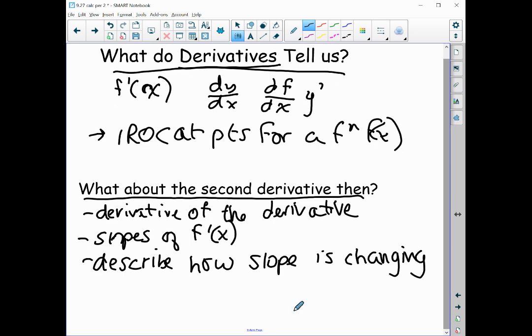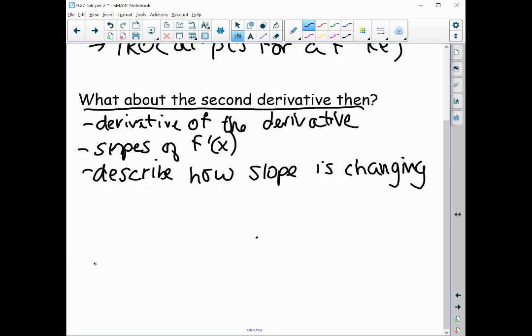Okay. We know not all functions have the same slope. So for instance, if you had to describe the slope for each of these functions, that's the same graph again, I did not.